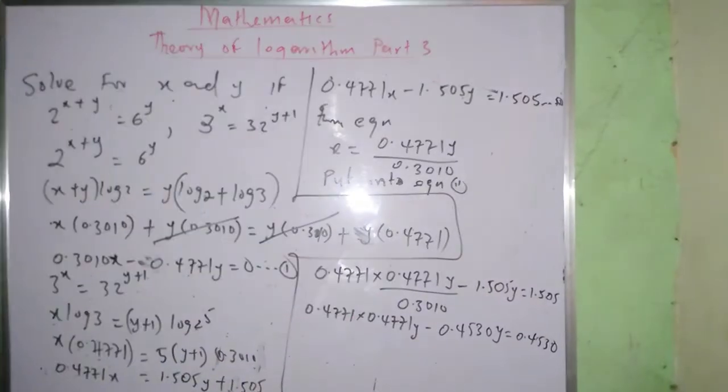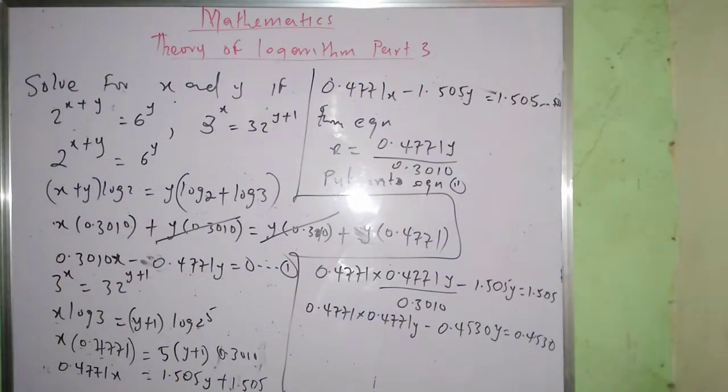Now, since I have that, I can multiply 0.4771 times 0.4771, which I will have.